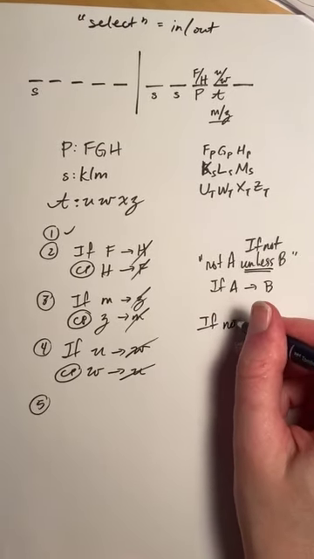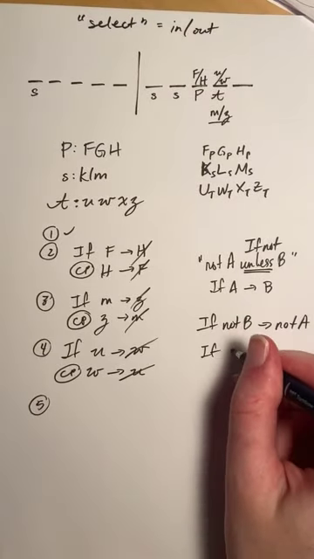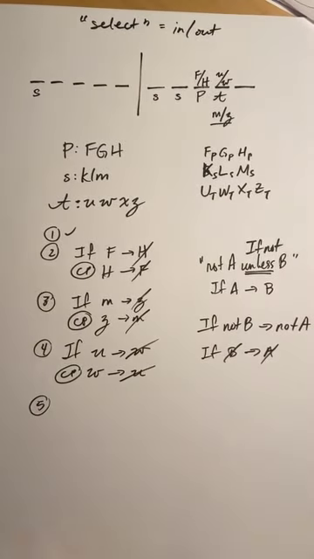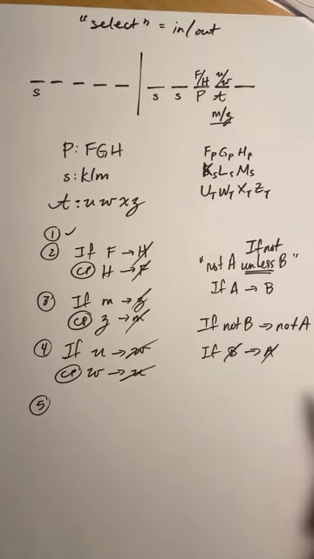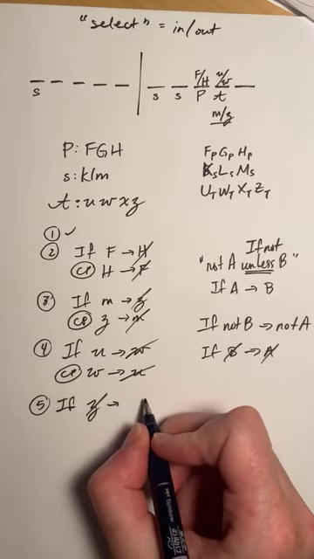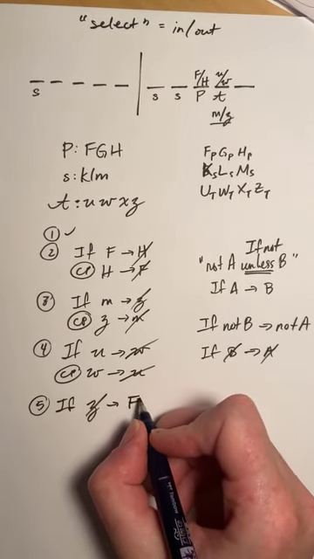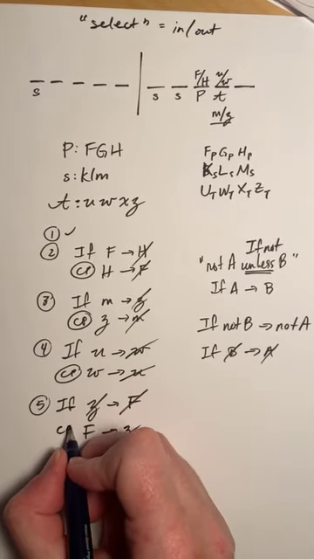So if not B, then not A, and we would typically write that by crossing them out rather than writing out not, right? So in this case, unless Z is also selected, F cannot be selected. Doesn't matter if we put unless at the beginning of the sentence or in the middle of the sentence, it's introducing Z being selected. So it's going to be if Z is not selected, then F cannot be selected. Okay. So if F is selected, then Z must be.